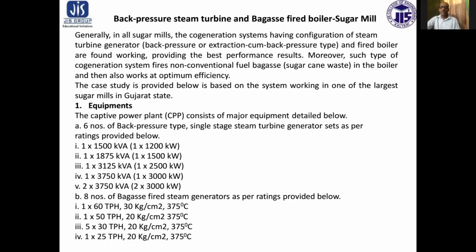Another is 50 TPH, 20 kg per centimeter square, 375 degrees centigrade. Another 5 boilers are 30 TPH, 20 kg per centimeter square, 375 degrees centigrade. And one 25 TPH, 20 kg per centimeter square, 375 degrees centigrade boiler is installed.